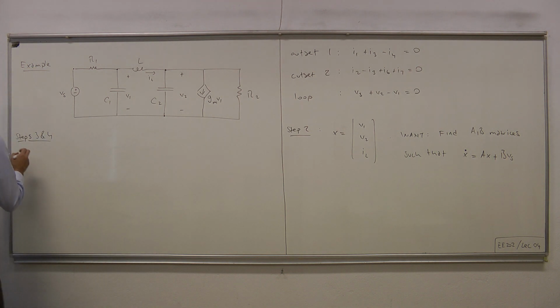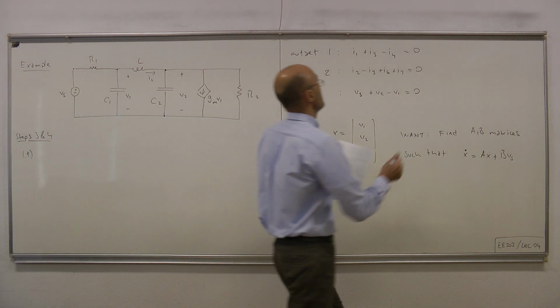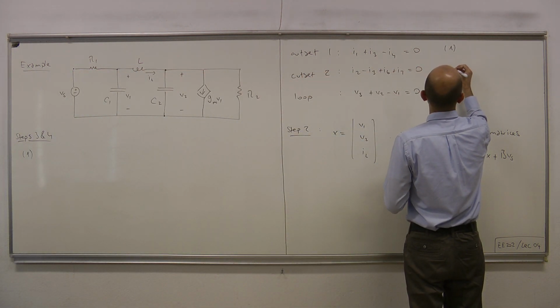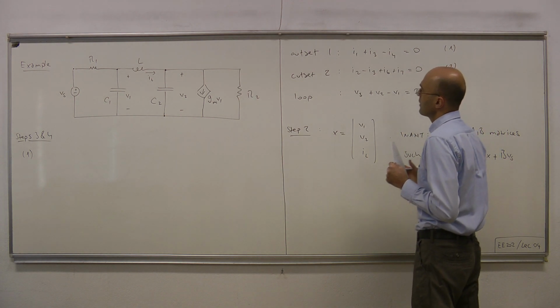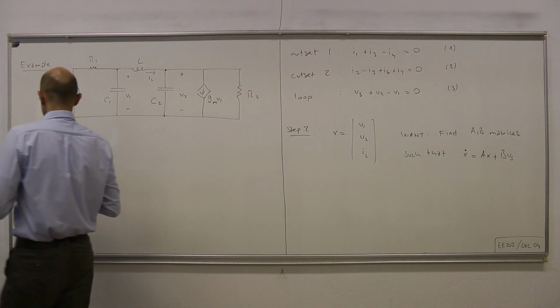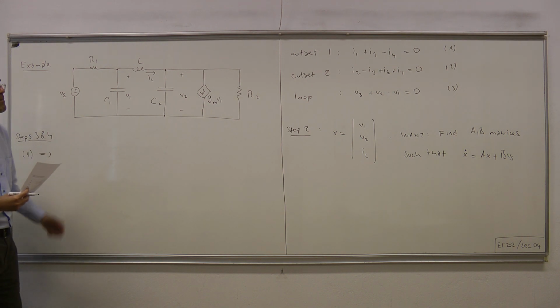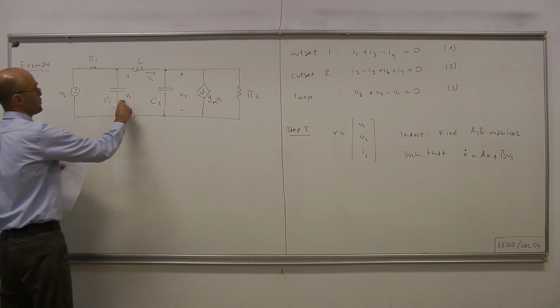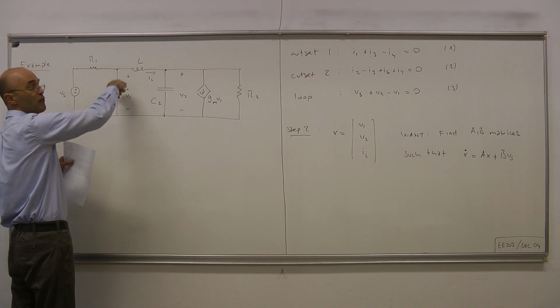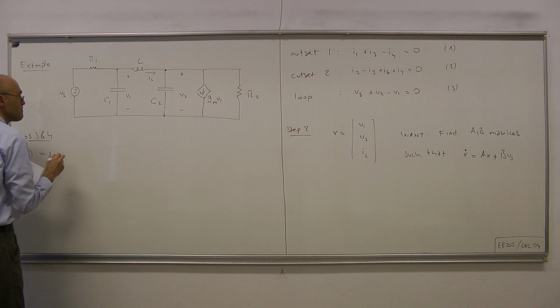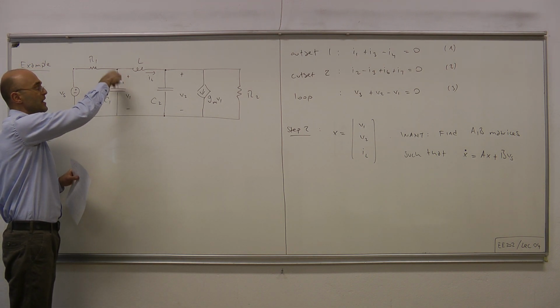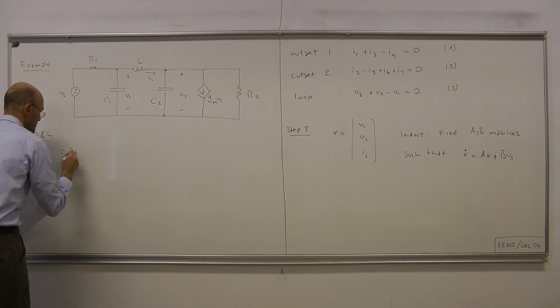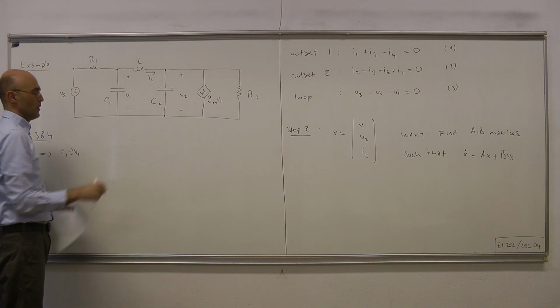For that, you will use the cutset and loop equations. So let's give them numbers: let's call this equation 1, equation 2, and let this be our equation 3. Now, using equation 1, we have the following: I1. This was our first branch, so I1 is the capacitor current, and capacitor current is C1 dV1/dt.